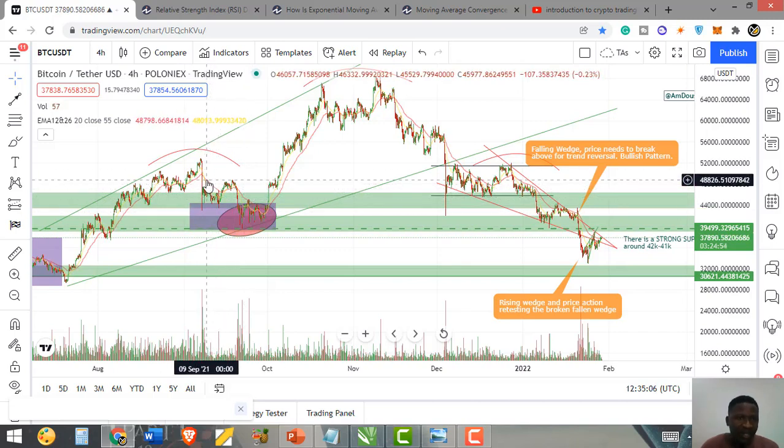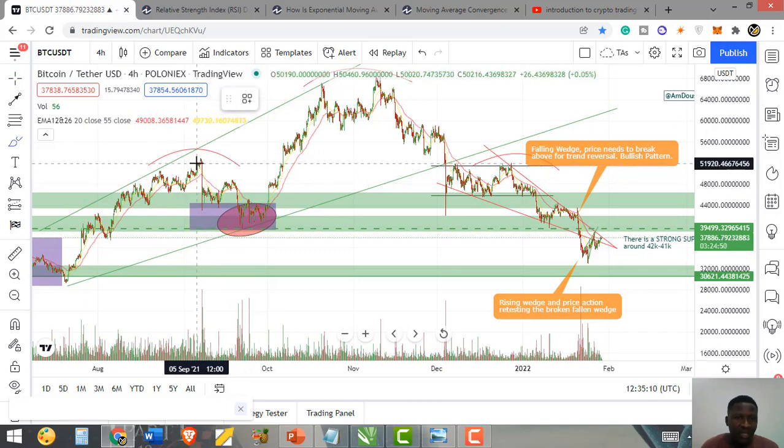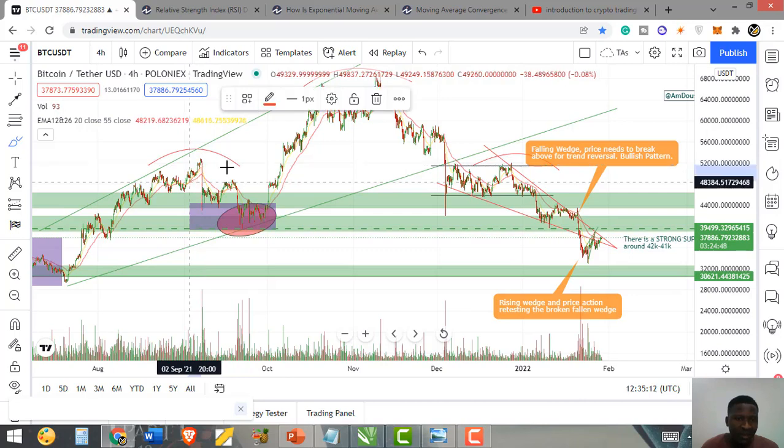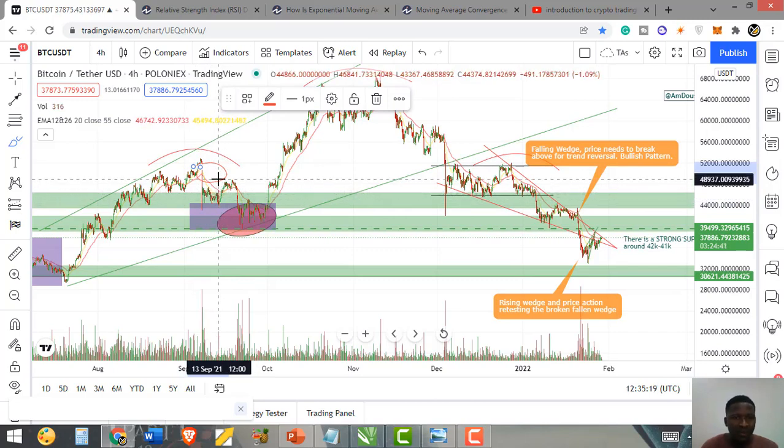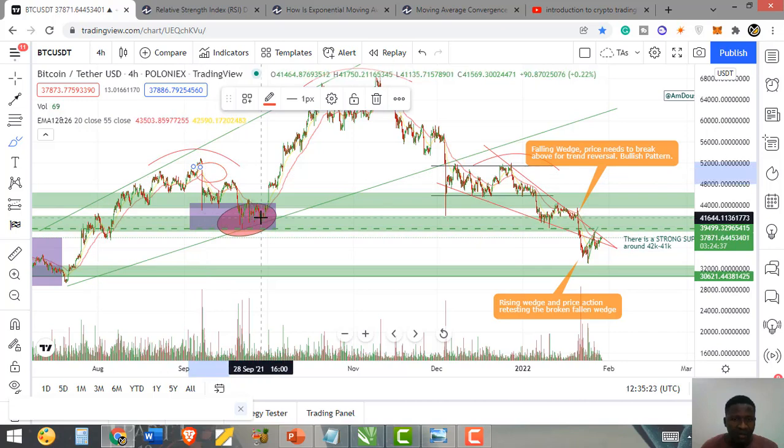Now look at it here. When the 20 EMA crosses the 55 EMA and retests the 20 EMA, the price sold off. You can see from here it sold off down to this very place.